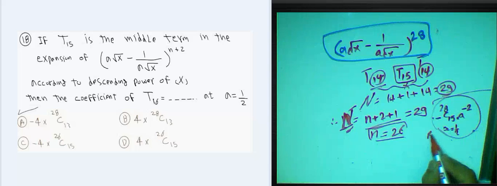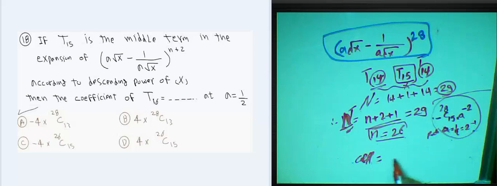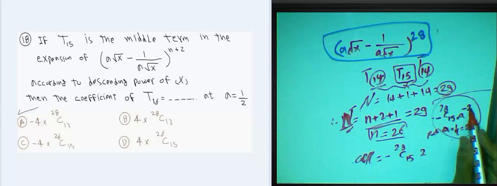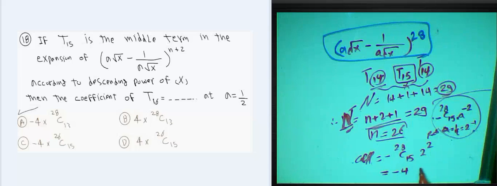Put a equal half here. Half means 2 to the power -1. Then the coefficient will be equal to -28 combination 15. Writing a here, it will be 2, multiplied by -1 times -2, which is 2. Then the result will be -4 times 28 combination 15.